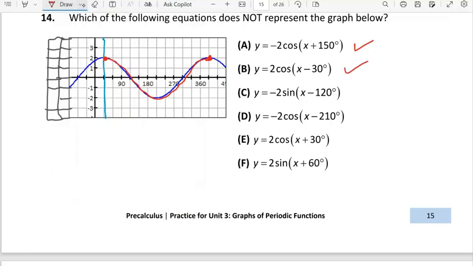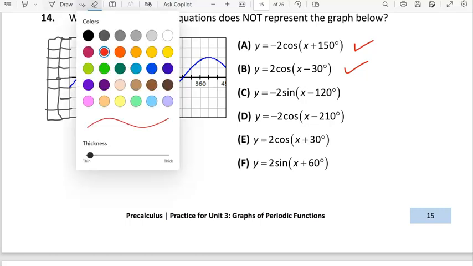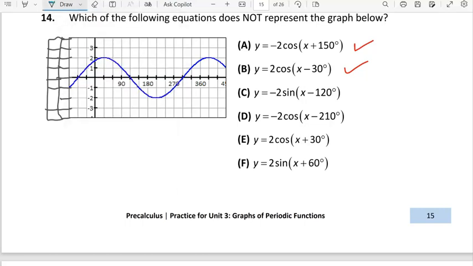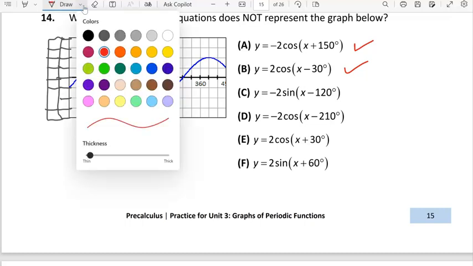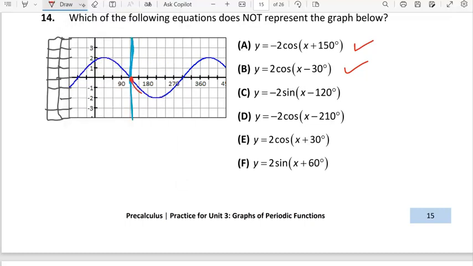And then let's take a look at the next one. The next one has a phase shift of 120. So 120 would be right here. And if I graph from 120, here's what one cycle looks like. That actually looks like an inverted sine function.